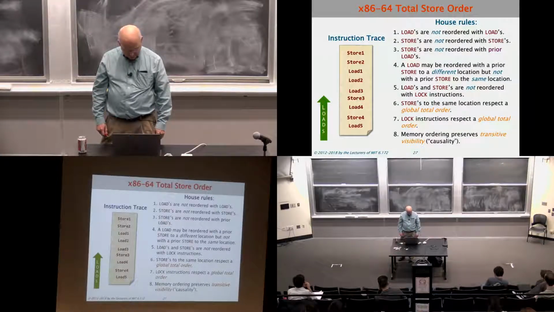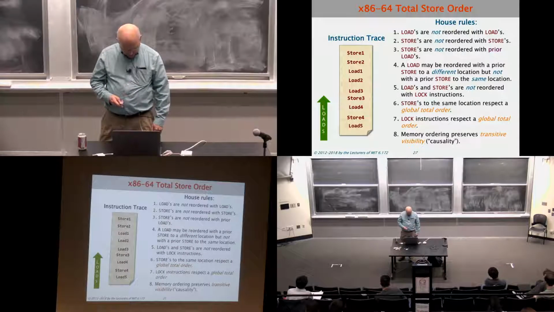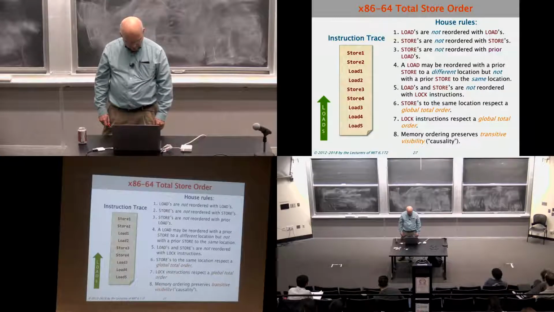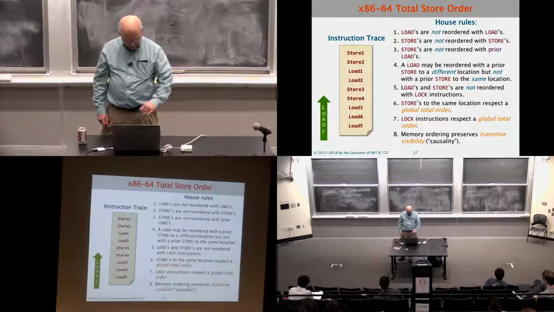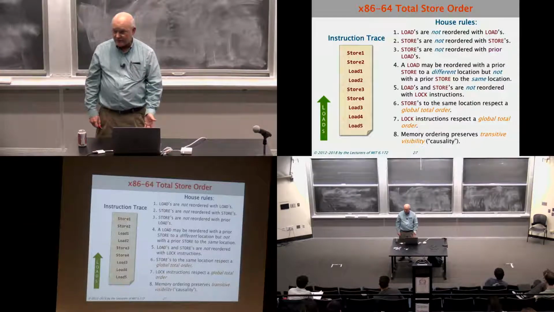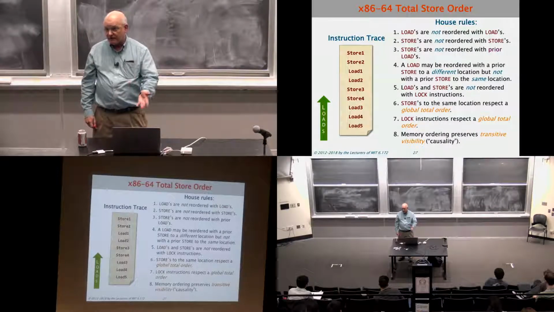So load 3 can come before store 4, but why is it getting before store 3? Let's see, this is the original thing. Store 3 is before store 4, and load 3 and load 4 are afterwards. The stores have to be in the same order, and the loads have to be in the same order. But the loads can go before the stores if they're to a different address.